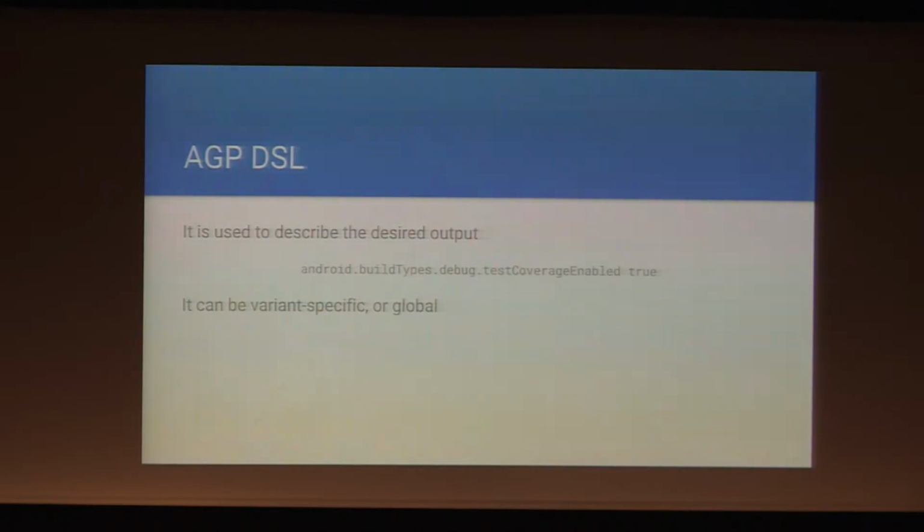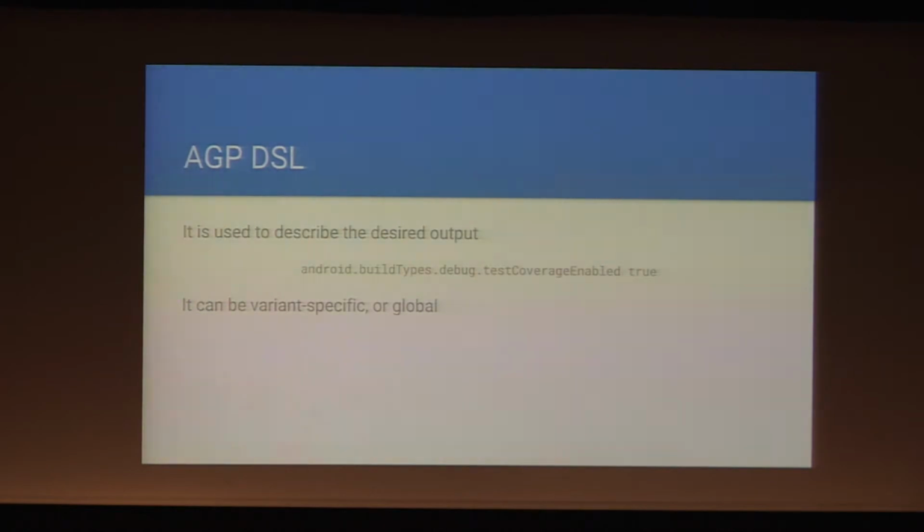So before we dive into the configuration phase of the Android Gradle plugin, let's just briefly go over some of the basic building blocks that are touched in this phase. So first of these blocks is the DSL, domain specific language. In the previous talk, Alex has built a plugin which he described what the DSL is used for, but in general, it is just to describe the desired output.